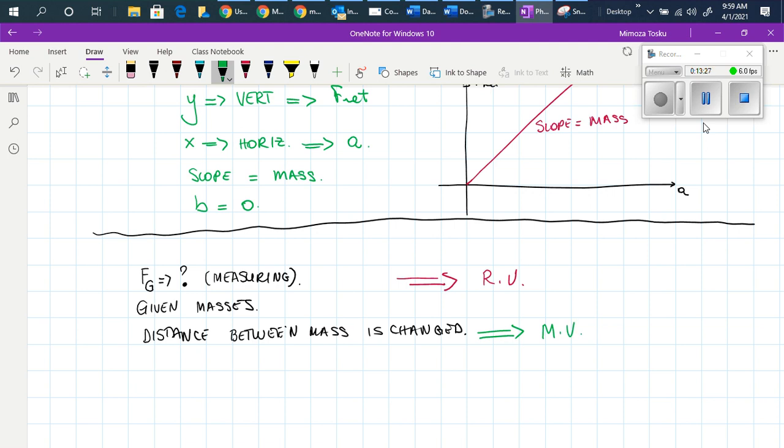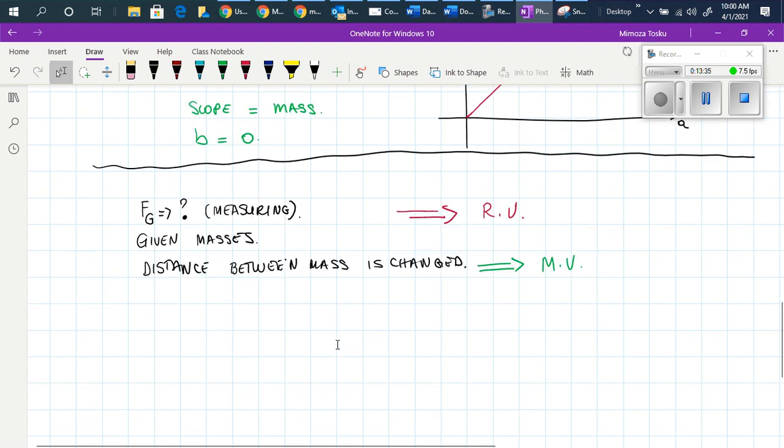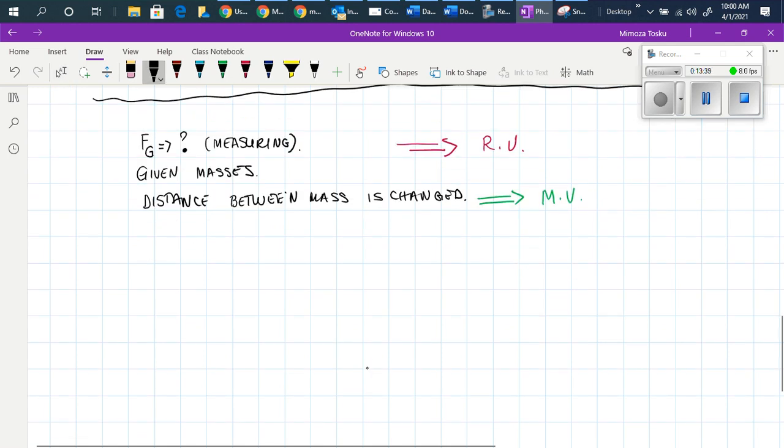The formula that gives us the relationship between the universal force of gravity, the distance and the masses is: the universal force of gravity is equal to capital G m1 m2 over r squared.